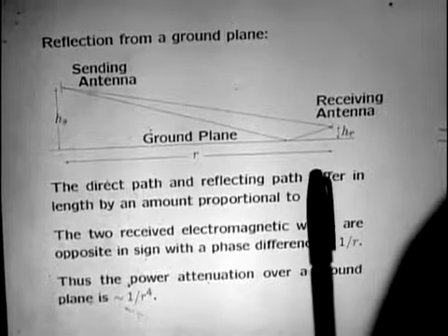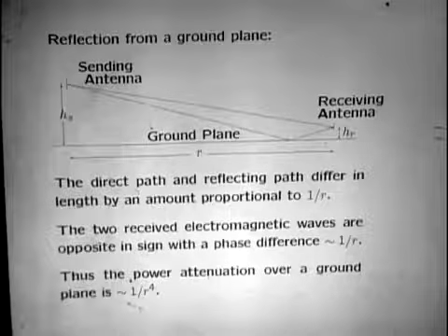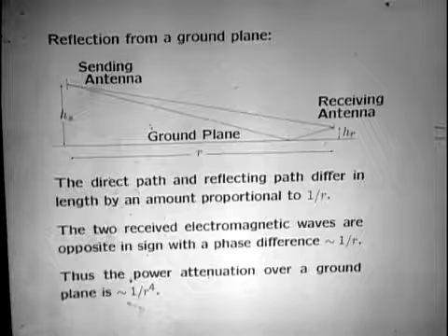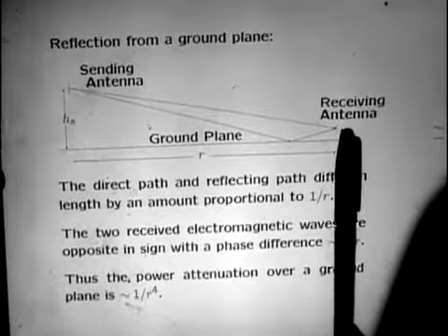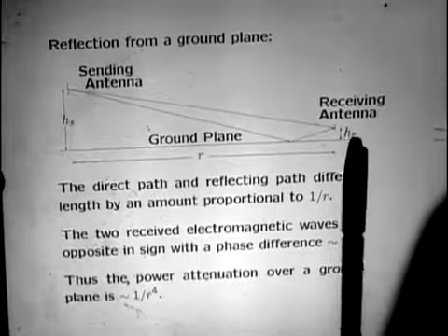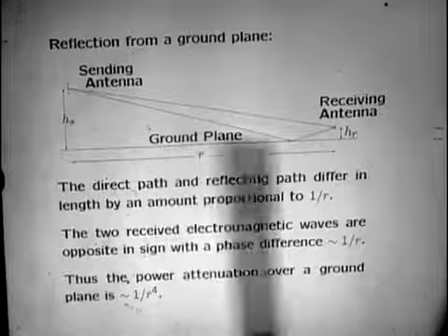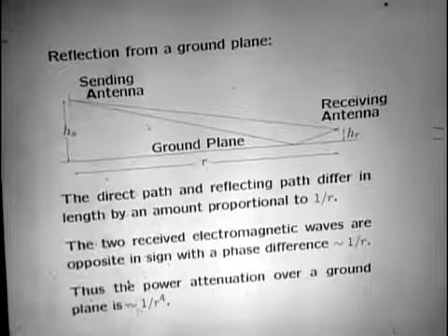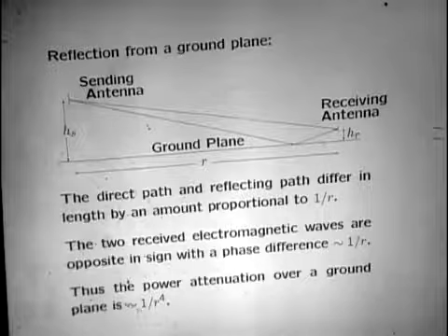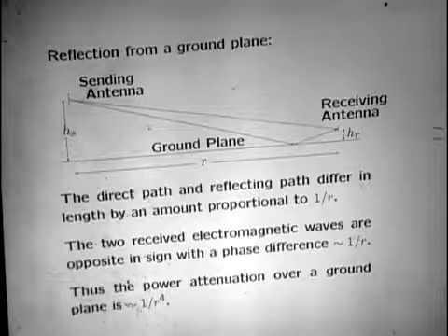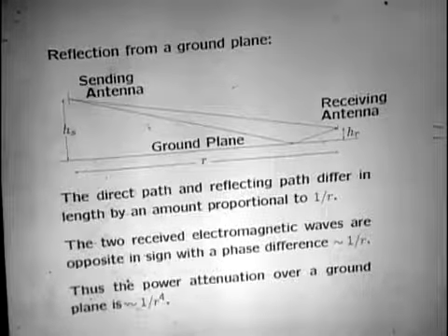But as we move further and further away, that phase difference goes down as 1 over R, which means what's happening is the overall electric field that you receive here, instead of going down as 1 over R, which it would in free space, is going down as 1 over R squared. And since it's going down as 1 over R squared, it means that the power that we're receiving is proportional to 1 over R fourth instead of 1 over R squared.